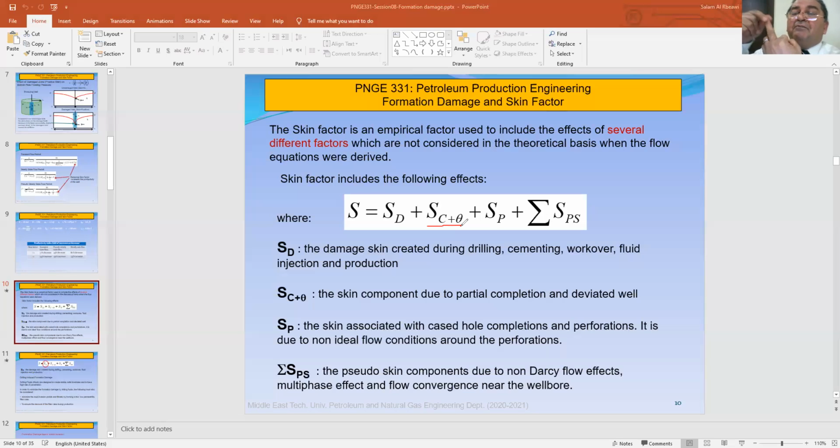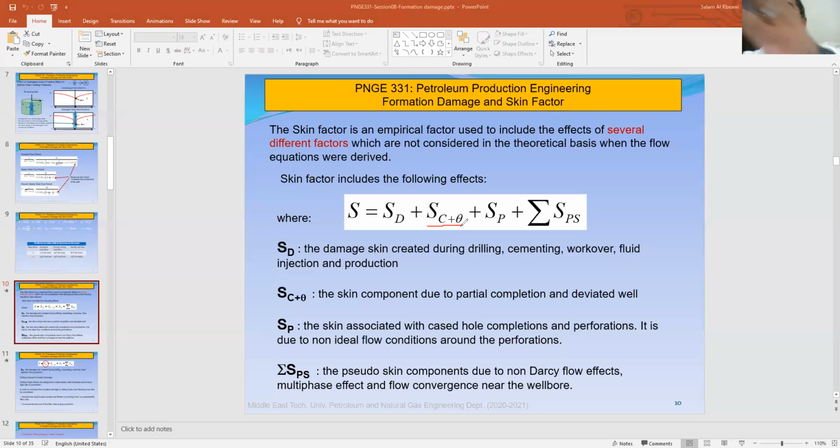So S sub P gives you the skin factor, or the quantity of the formation damage, caused by what? Caused by the cased hole completion. When we have cased hole completion, for sure we need the perforation process. And when we need the perforation process, for sure there will be some area close to the perforations.